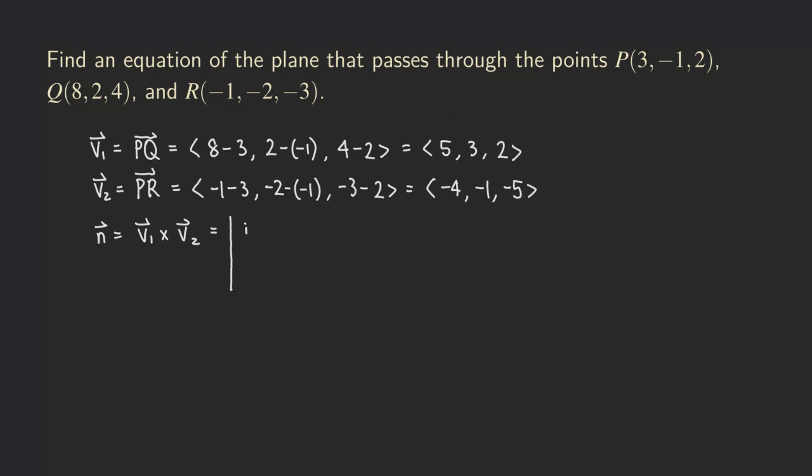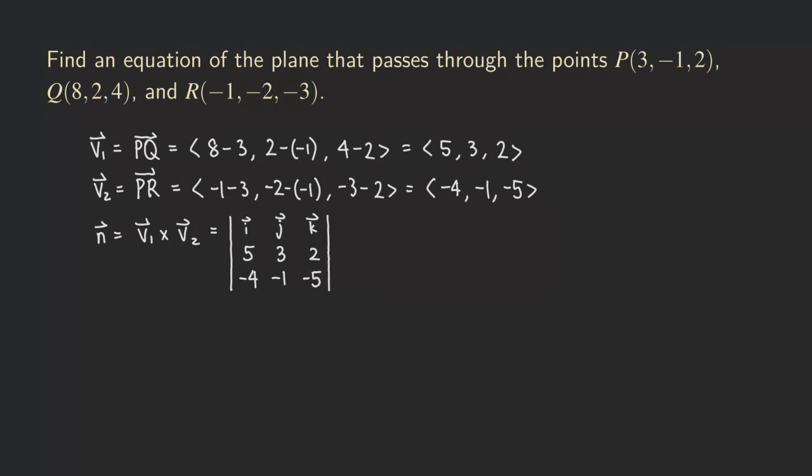The first row has the unit coordinate vectors i, j, k. The second row is the first vector, v1, so we put the 5, 3, and 2 here. The third row is the second vector, v2: -4, -1, and -5.